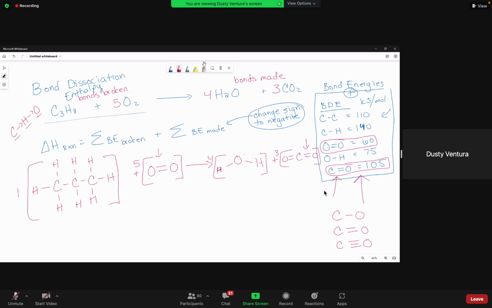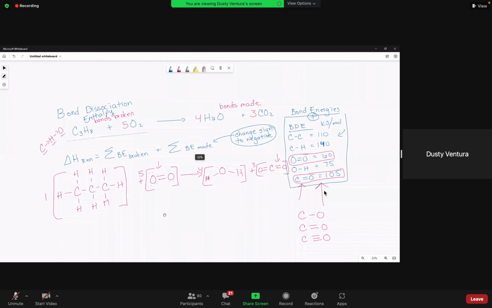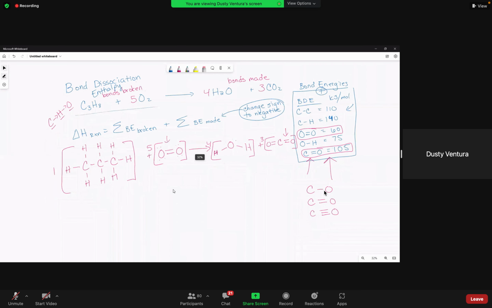All right, so listing out the bonds. Just break every bond that is existing in the reactants and make all the bonds that are existing in the products. So I've got 1, 2 carbon-carbon bonds. So carbon-carbon is 110 times 2. And then I've got 1, 2, 3, 4, 5, 6, 7, 8 carbon-hydrogen bonds.